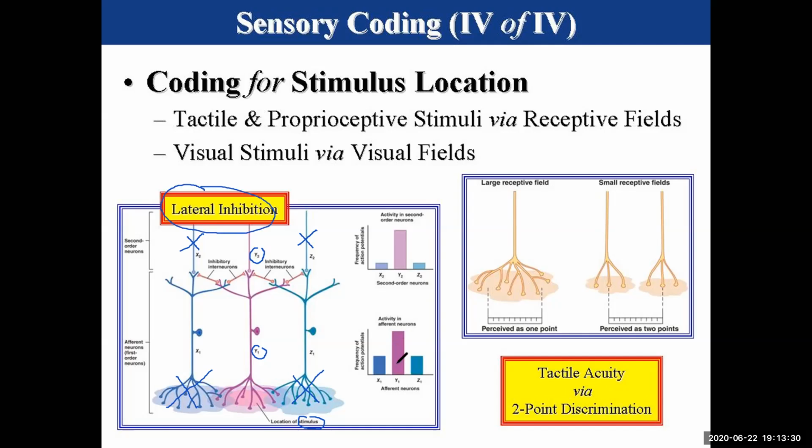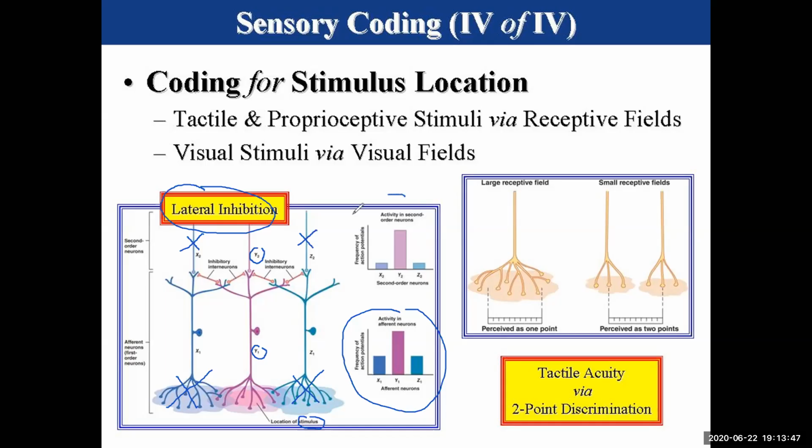This is an amazing feature because here, action potentials are generated by sensory neurons, the first order neurons, X1, Y1, Z1.